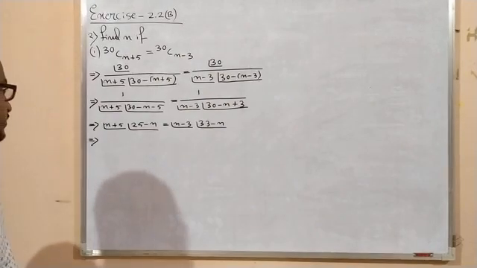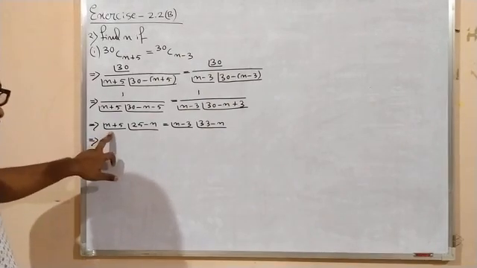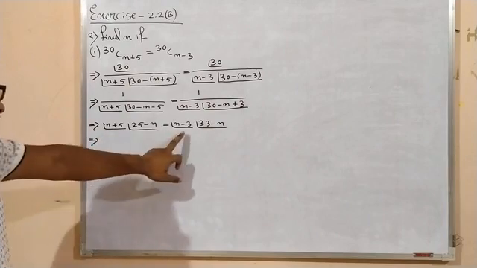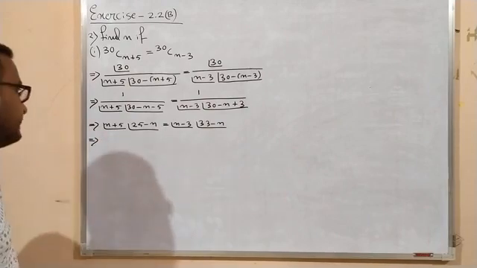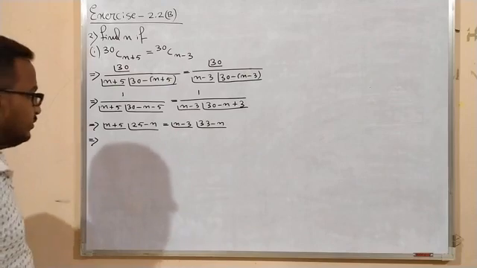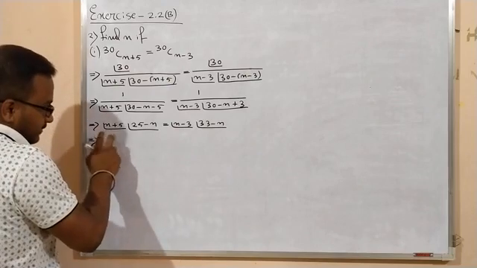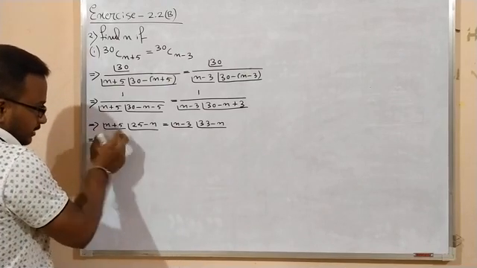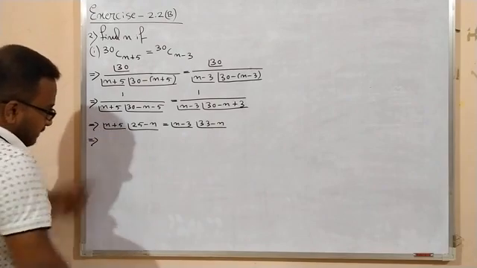Now I have to do the calculations, n plus 5 to n minus 3. So you have to expand this quantity.